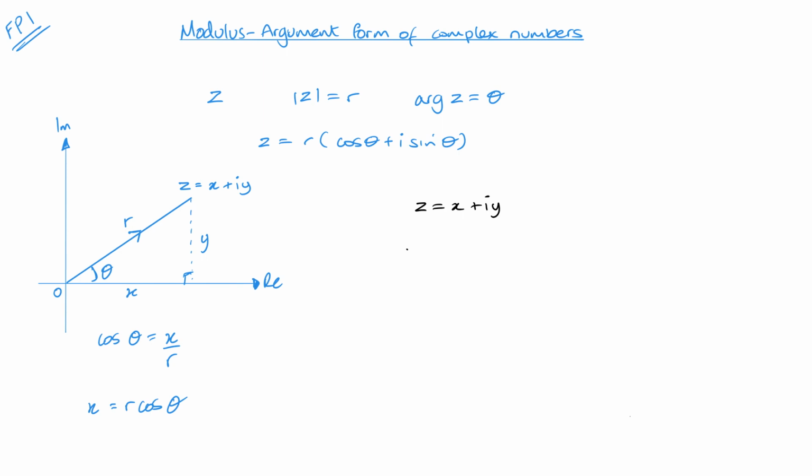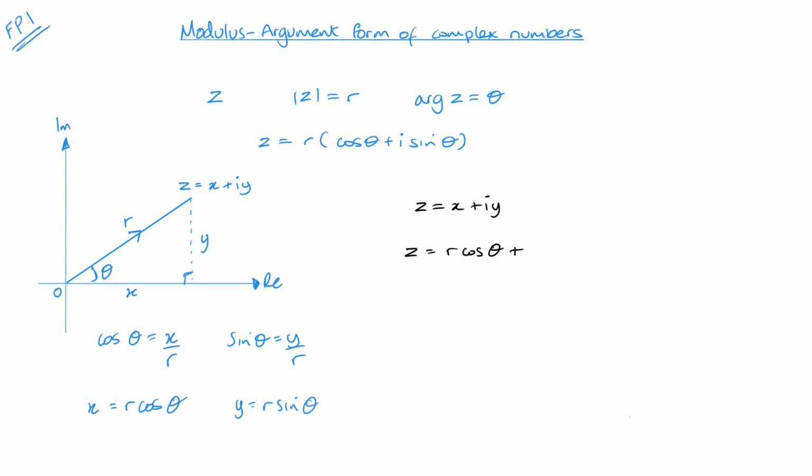So coming back over here, I can replace x with r cos theta. Now when I do the same thing to find y, it's going to be within the sine. So sine theta is opposite over hypotenuse. So again, y is going to be r sine theta.